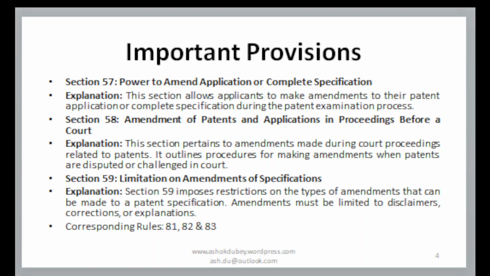Section 59 talks on the limitations of amendments of specification. Section 59 imposes restrictions on the type of amendments that can be made to a patent specification. Amendments must be limited to disclaimers, corrections, or explanations. These I will explain to you in the coming slides. There are corresponding rules you can refer to, Rules 81 and 82.